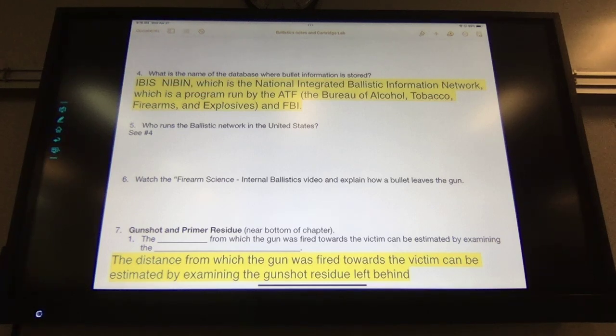It's another division of our government. So that's really the answer to question number 5. So you can see right here I say C number 4 for the answer for who runs it, because I combined it in number 4. We'll come back and watch this internal ballistics video here in just a minute. So we'll skip number 6 and come back to it.